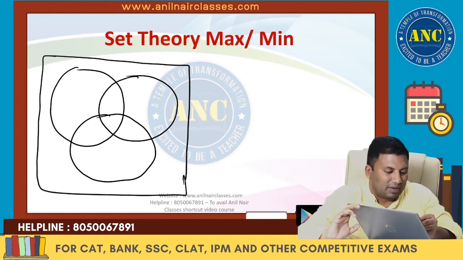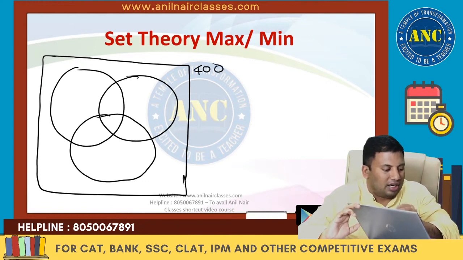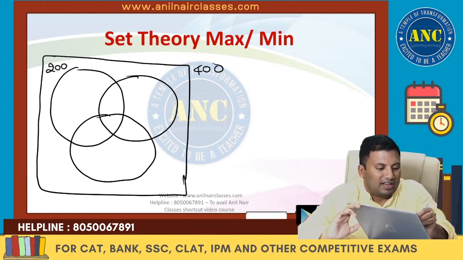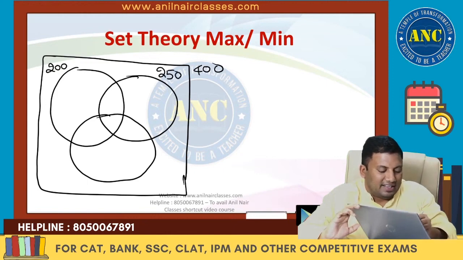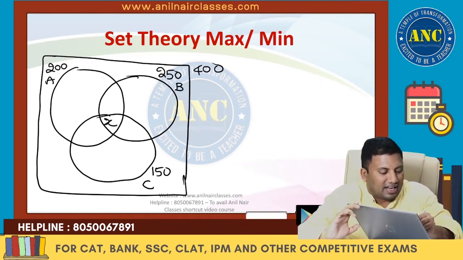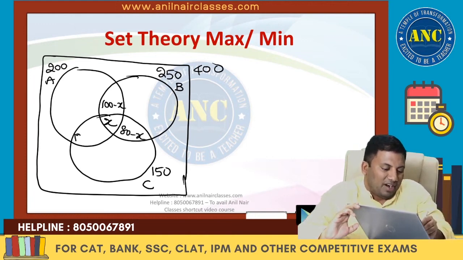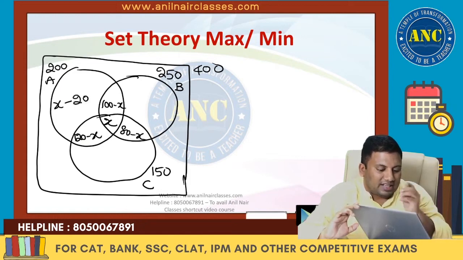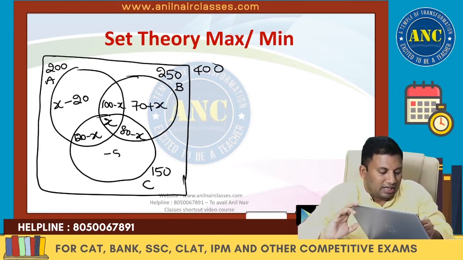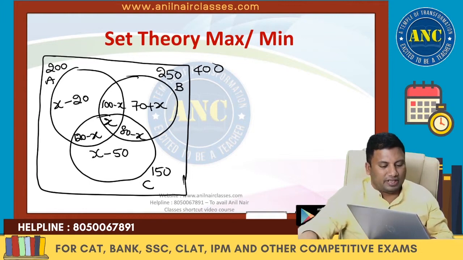So this is nothing but 400. This is 200, this is 250 and this is 150. This is A, this is B, and this is C. This is X. This is 100 minus X, B minus C is 80 minus X, A minus C is 120 minus X. 220 it is a drop of minus 20 plus X, 180 it is 70 plus X, 200 it is a drop of 50, X minus 50.